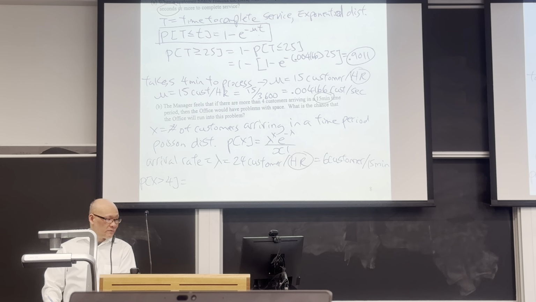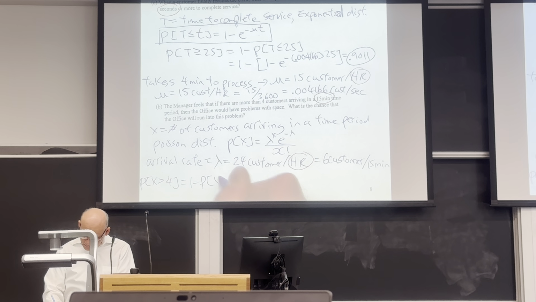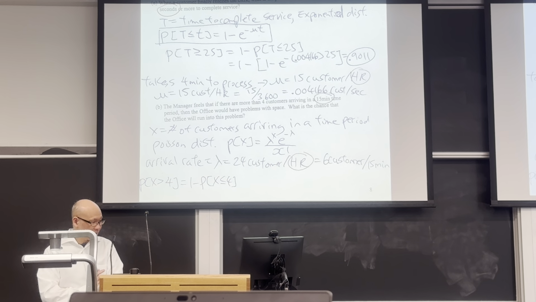So we want to calculate the probability that there are more than 4 coming. So this includes 5, 6, 7, 8, up to infinity. So it is more efficient to calculate it as 1 minus the probability of X less than or equal to 4.